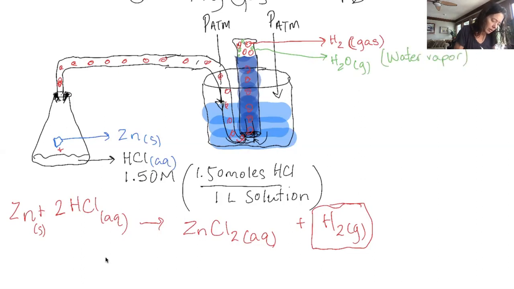That came from here. All right, so some of the water will have evaporated, simple as that. So what we have here is what's called a mixture of gases. The gas we collected and the water vapor.